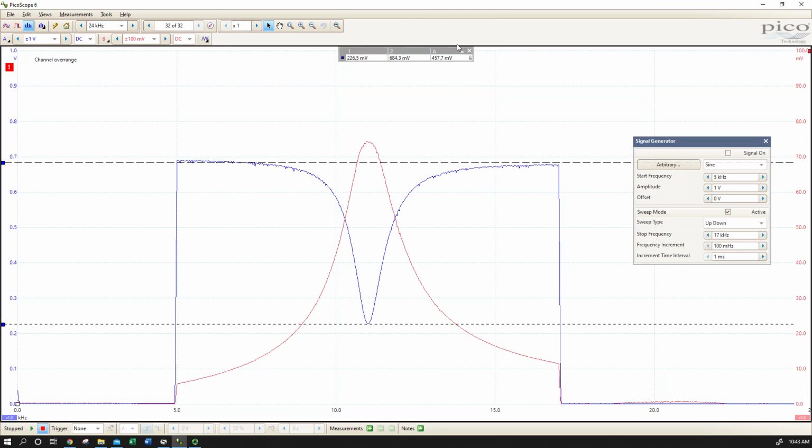So 457.7, we'll call it. Get my calculator out. Still have to do a few calculations. We'll call it 458 millivolts total difference from no resonance to resonance.